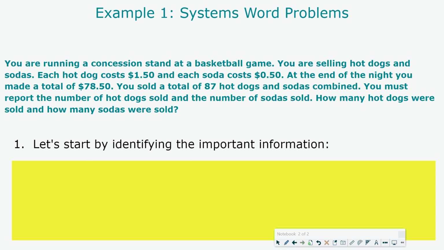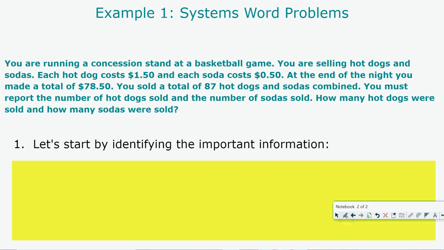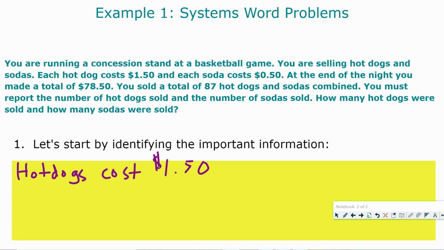All right, let's start by identifying some important information. Something that we know is that hot dogs cost $1.50. We know that sodas cost 50 cents.